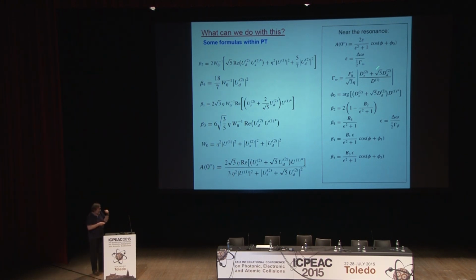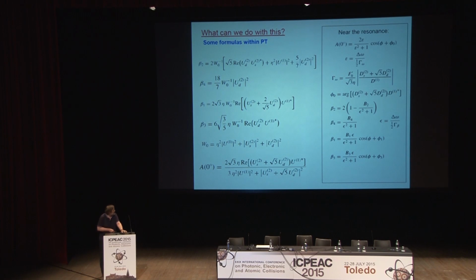Near the resonance, if we consider this resonance as isolated, we also can obtain beautiful formulas. The 2 indicates the second-order amplitudes into the S channel or the D channel, and the 1 indicates the P channel. So there are three amplitudes, U1, U2D, and U2S.